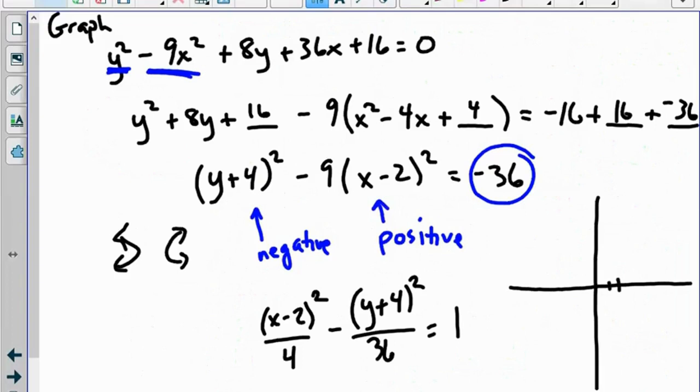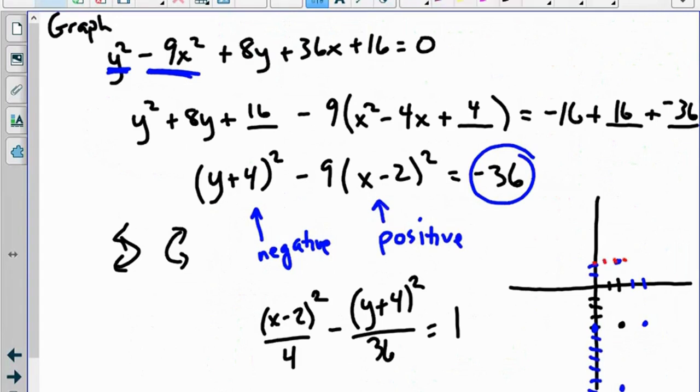We have the center at 2, negative 4. Our x direction goes plus or minus 2. Our y direction goes up and down 6. Then we make our box.